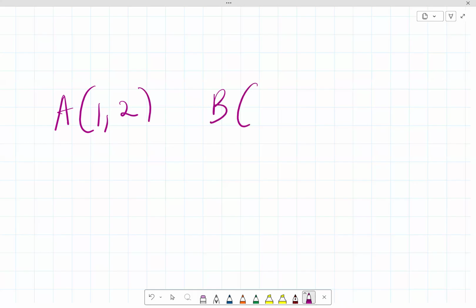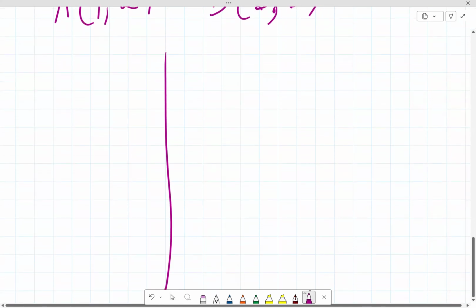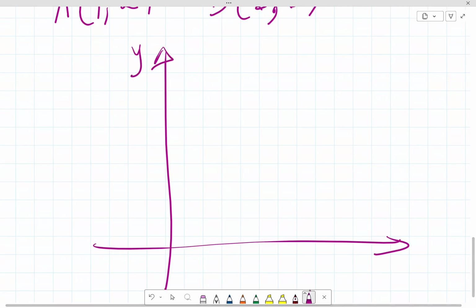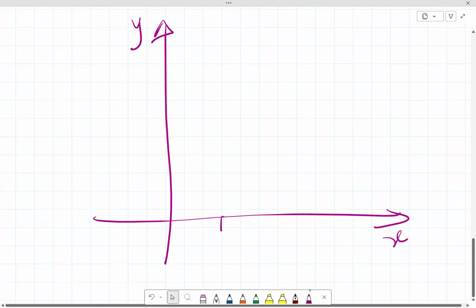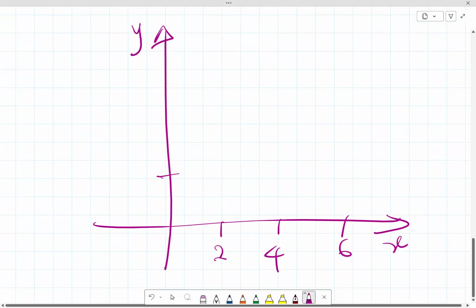So we have point A, 1 comma 2, point B, 3 comma 6. Okay. If you like, you can plot it on a graph. So thankfully, everything is in the first quadrant, all positive. So this is y, this is x. So let's say this is 2, this is 4, this is 6, and here we have 2, 4, 6.